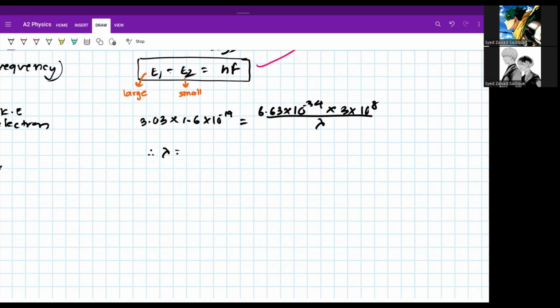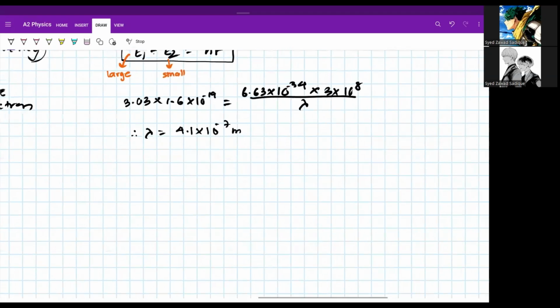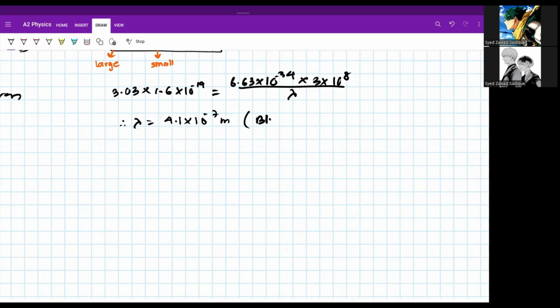Therefore, lambda equals 4.1 times 10 to the power minus 7 meters, which is usually blue or violet light.